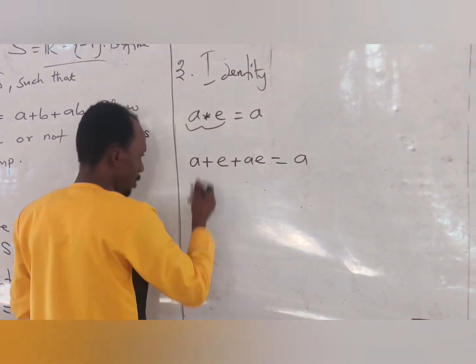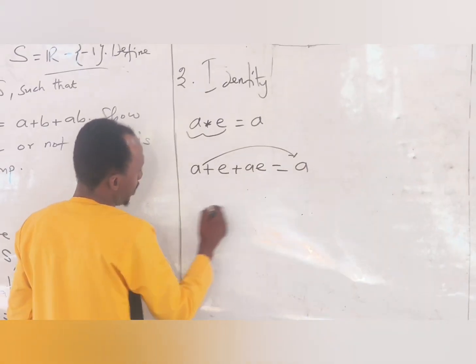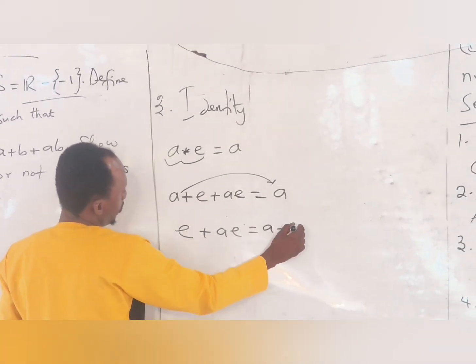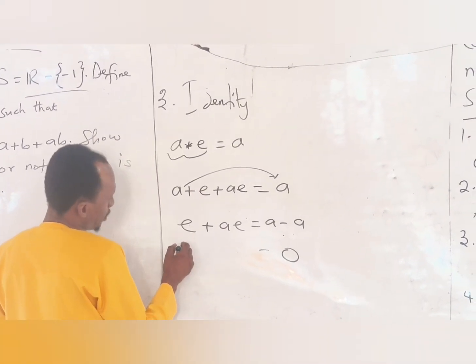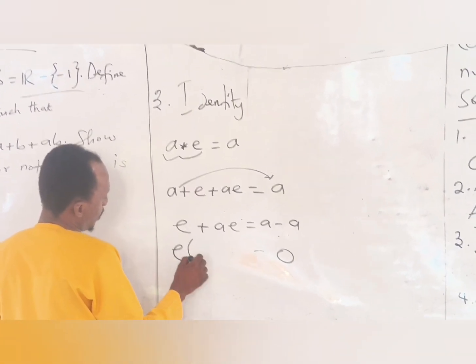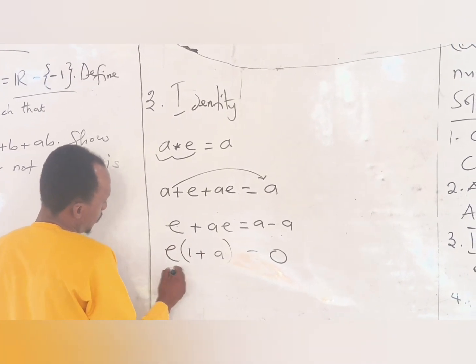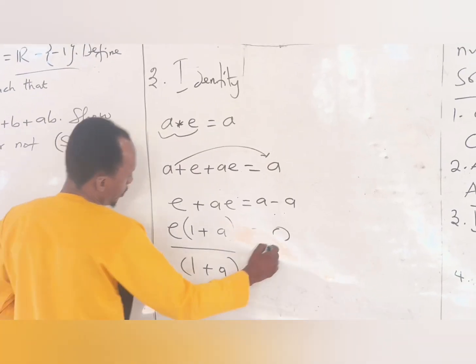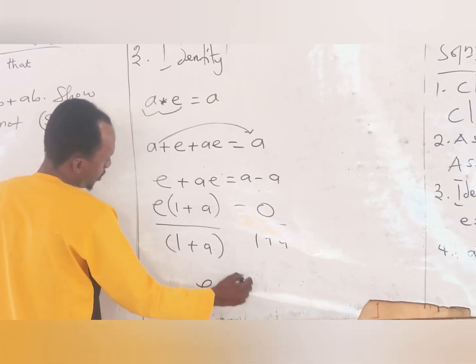A. We did this under binary operations already. So we can send this across, right? The left side is E plus AE becomes A minus A. Yes, what? 0. So we factorize here. E in bracket, what? 1 plus A. We divide through by what? 1 plus A. Divide here by 1 plus A. E is equal to what? 0.